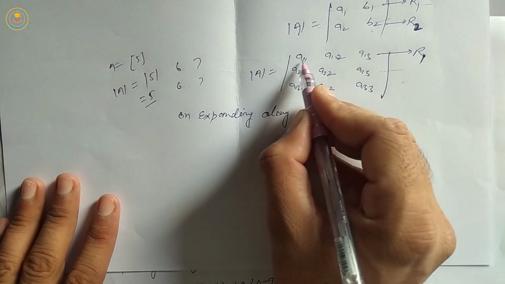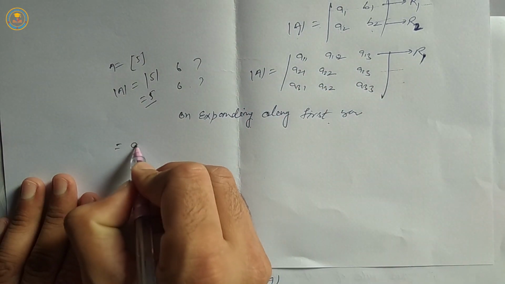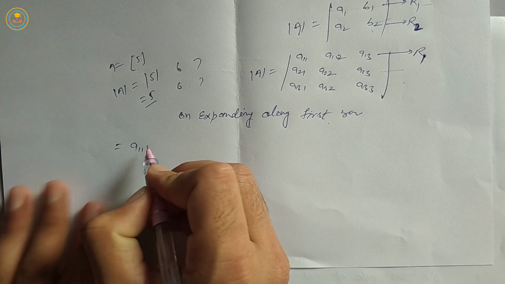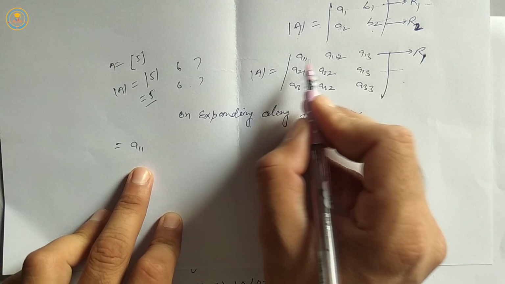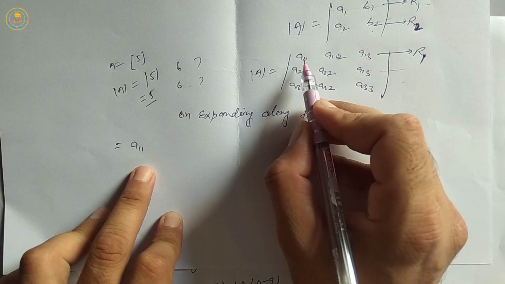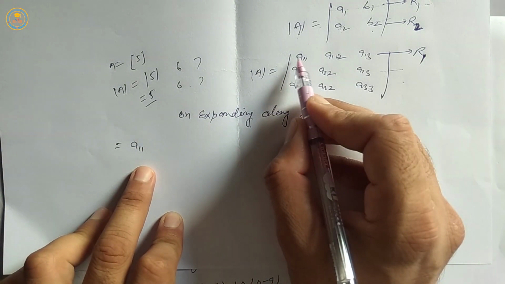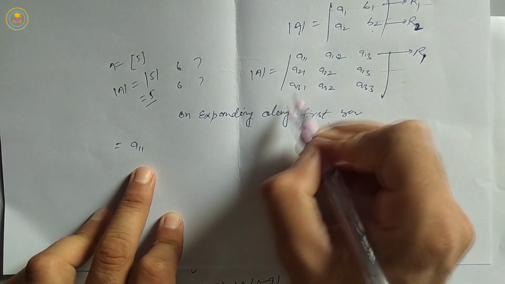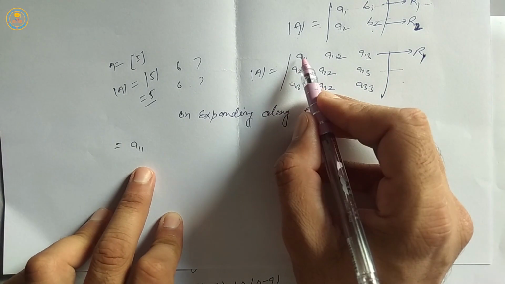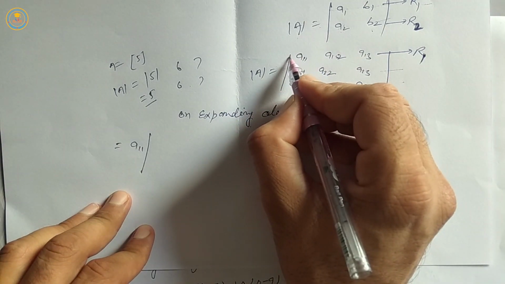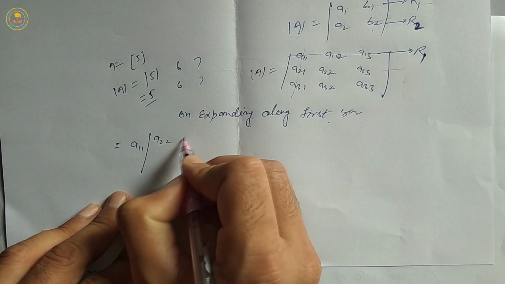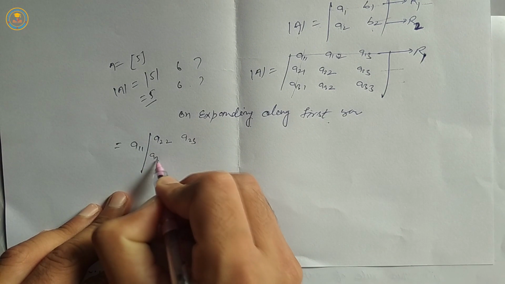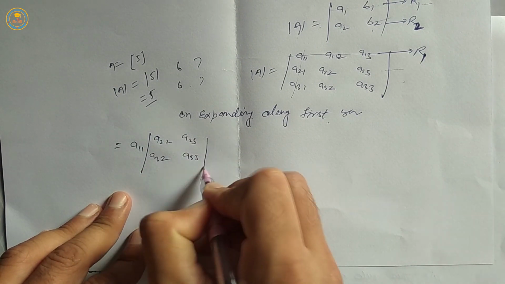First row, first element A11. Leaving the corresponding row and column of element A11, it means first row, first column, we get A22, A23, A32, A33.